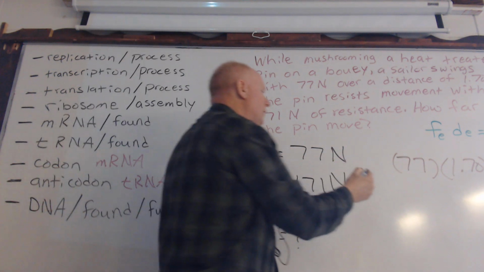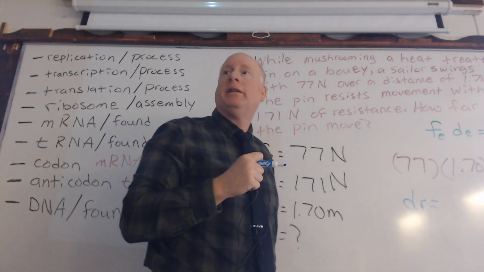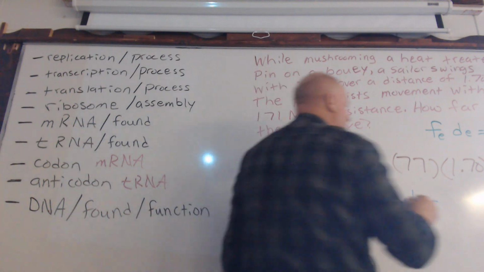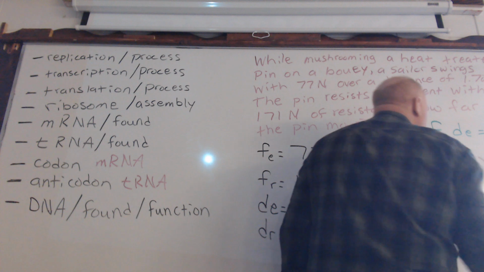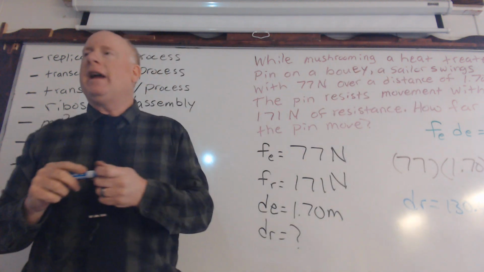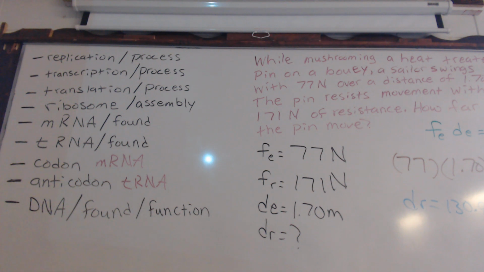Okay? So then dr, I'm sorry, could you repeat that? 130.9. I did not word that question correctly, but you're going where the numbers lead you. You did this how we told you to. That's not what the dr equals. Oh, divide it. Okay.